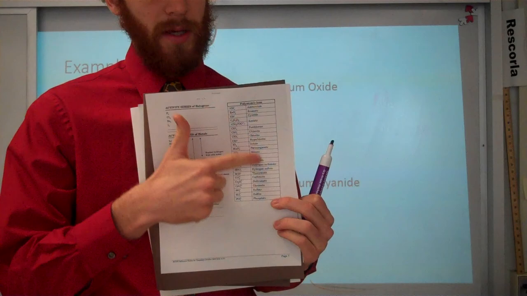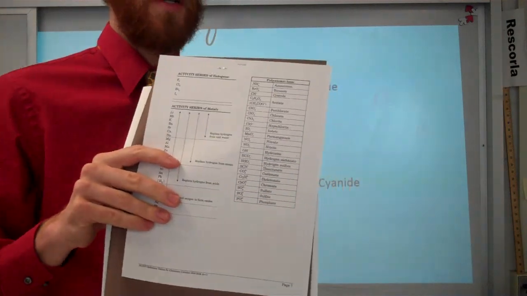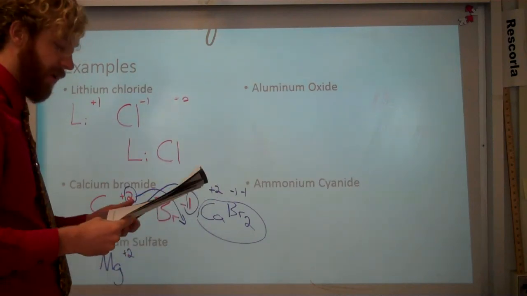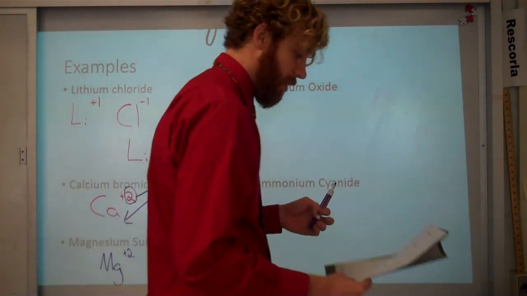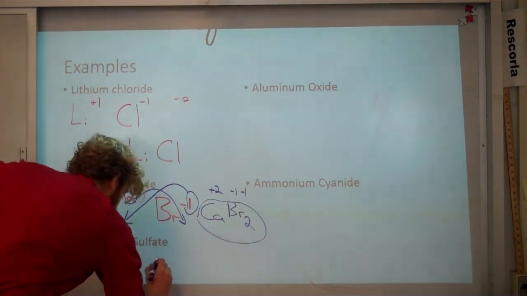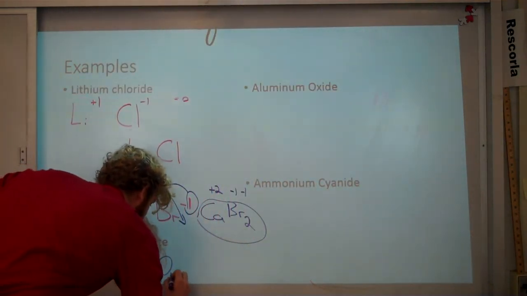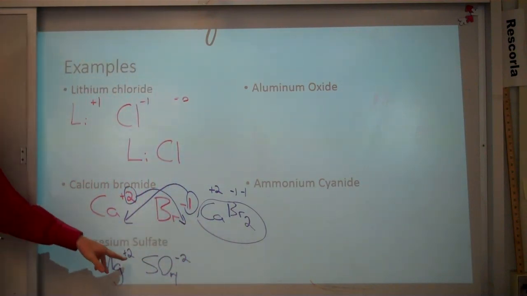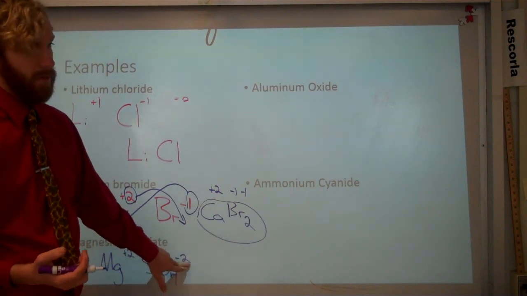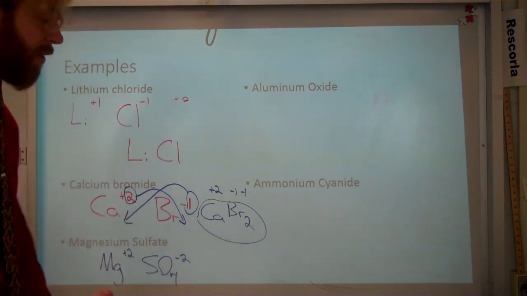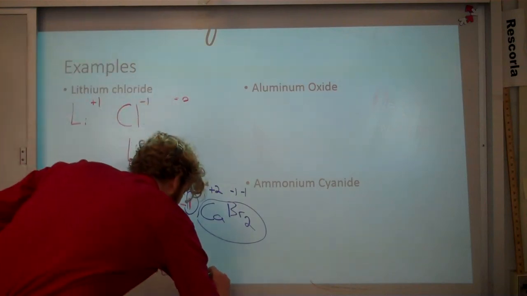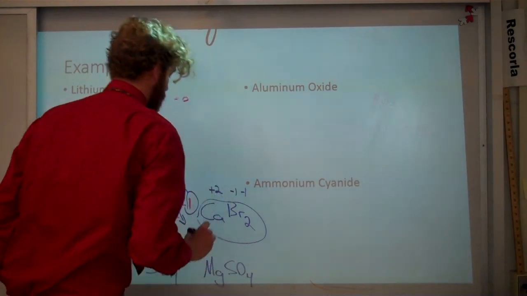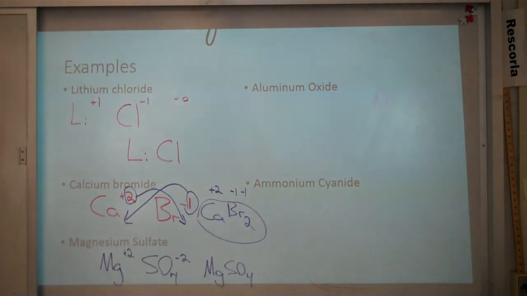So we look right here at the reference table for the polyatomic ions, and they tell us the charge there. So the charge for sulfate is SO4 -2. Now those two, a +2 and a -2, cancel each other out. They equal 0. So we can just write it as MgSO4, because the charges are equal to one another.